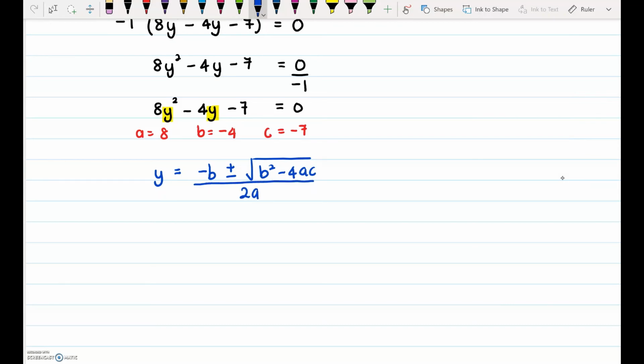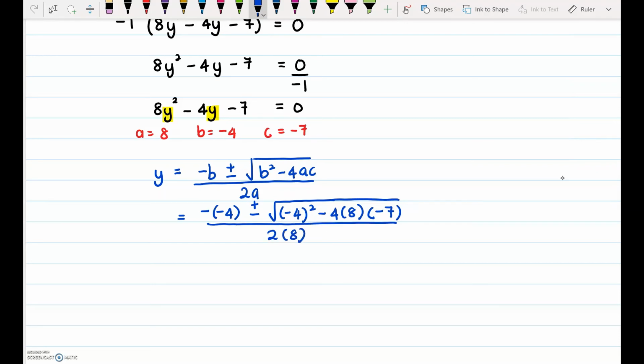So we get negative negative 4, plus minus square root of negative 4 squared minus 4 times A, which is 8, and C is negative 7, divided by 2 times A, which is 8.